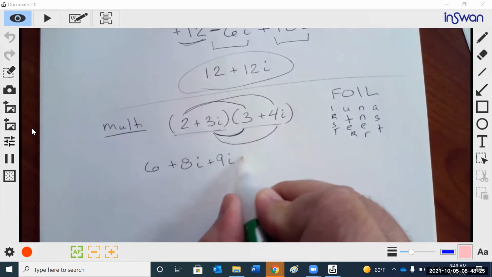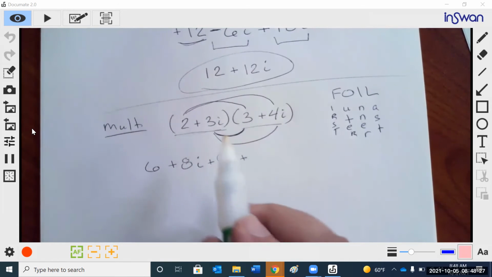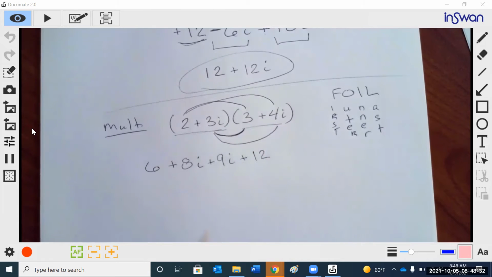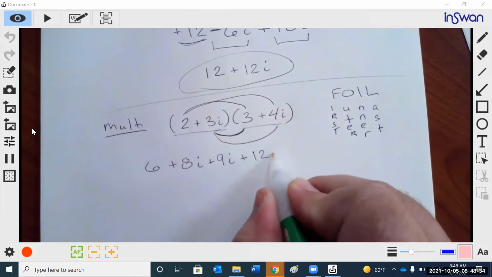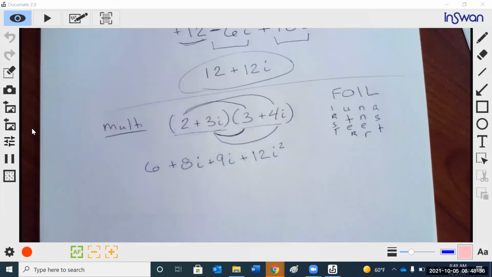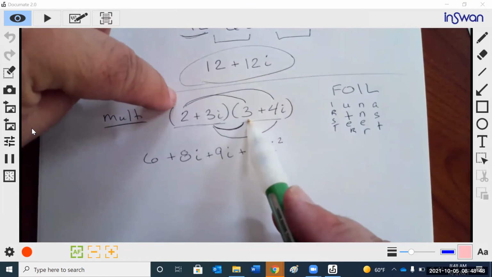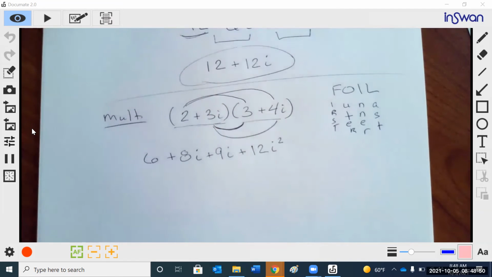They're both positive. The answer is positive. 3 times 4 is 12. i times i is i squared. So that's the FOIL technique: the first ones, the outer ones, inners, and the last ones.